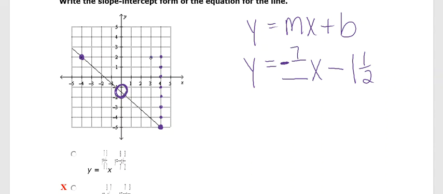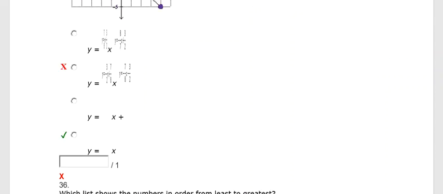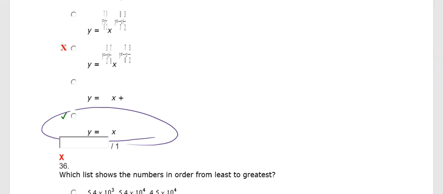We're going to the left. 1, 2, 3, 4, 5, 6, 7, 8. So negative 7/8 is the slope. So again, that was up 7 and over 8. And it's in the negative direction, so I know I need a negative slope. That's what this one would have been had we been able to read it.